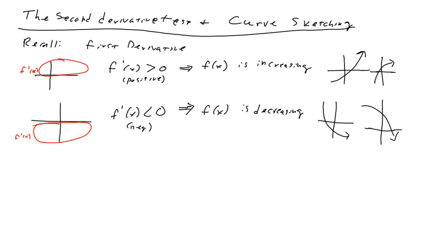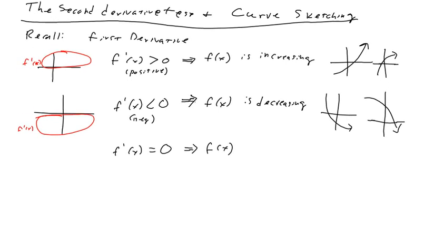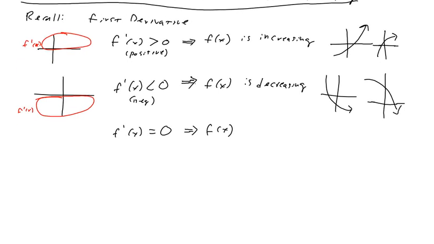Last option: if f prime is equal to 0, what is happening with f of x? Now our derivative f prime is on the x-axis. At those spots, what is f of x doing when the derivative is equal to 0?